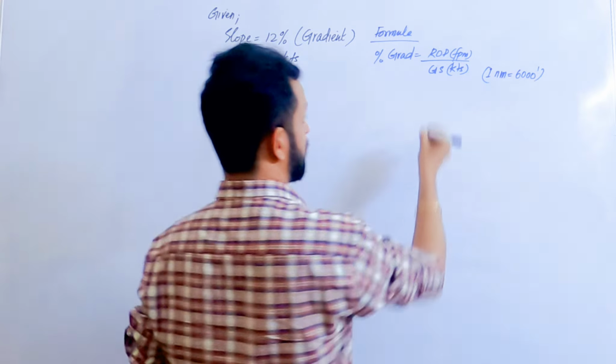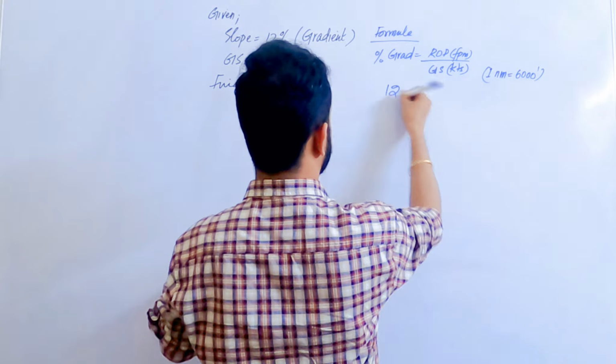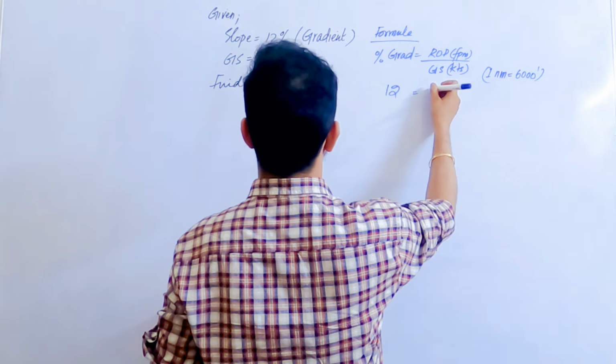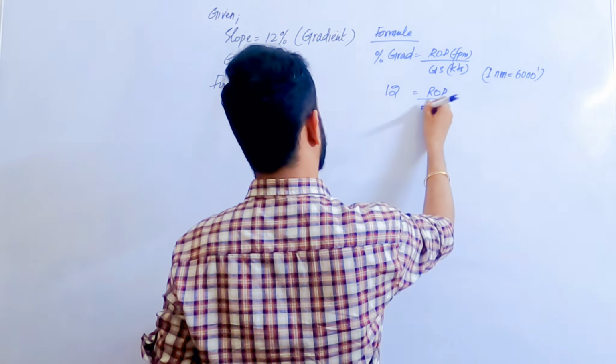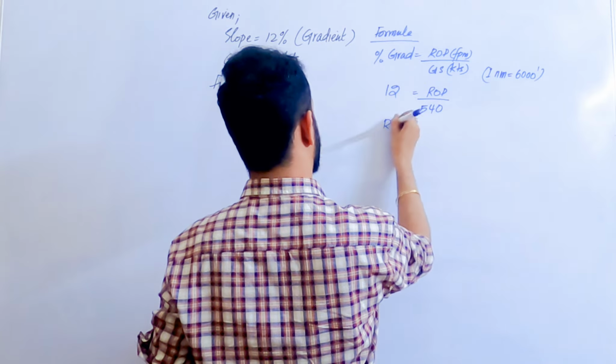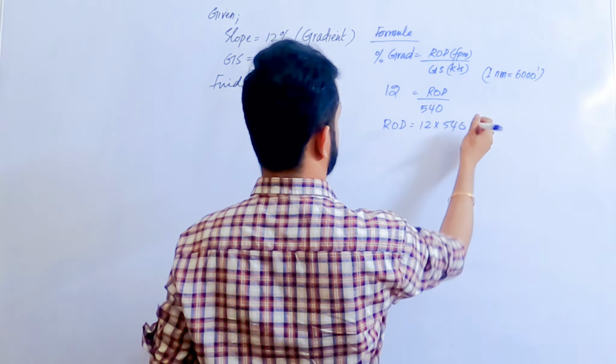Now, if you take this approximation, then the answer is pretty straightforward. Percentage gradient is 12%. What is the rate of descent? Ground speed is in knots, and therefore rate of descent is equal to 6480 feet per minute.